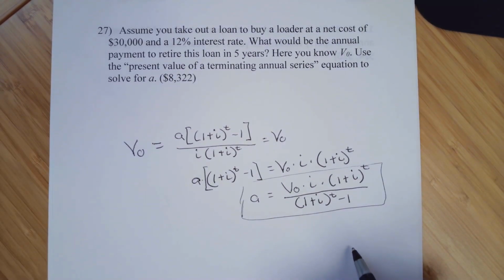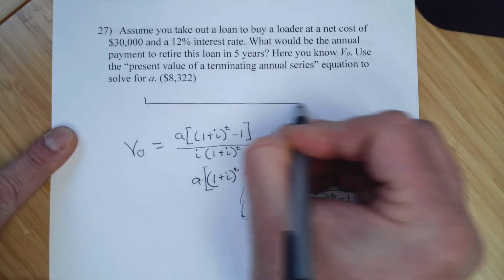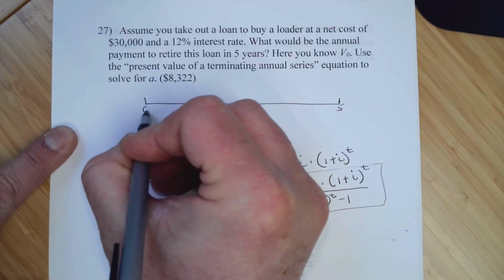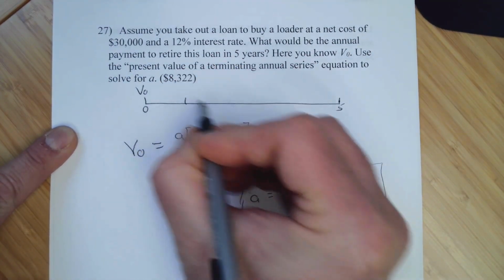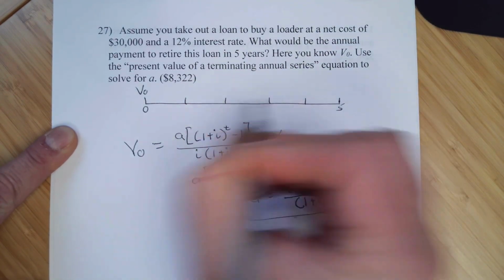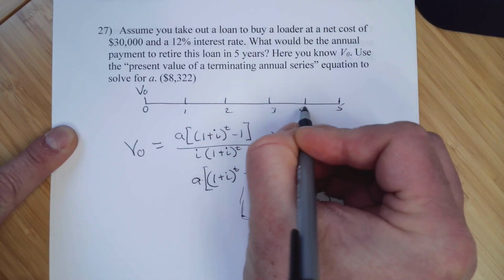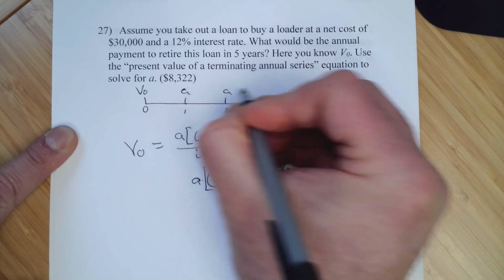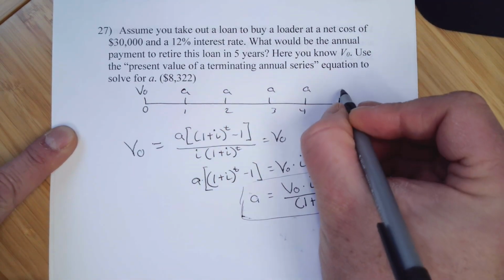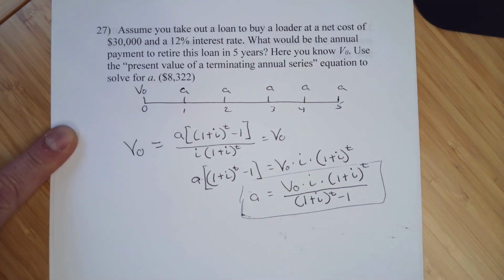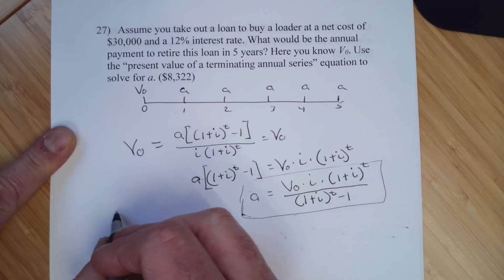So next thing is maybe what might this look like, right? We have 5 years, we have a V0, 1, 2, 3, 4. In each one of these we have an A. We want to know what pays it off. So now we'll do our known values.